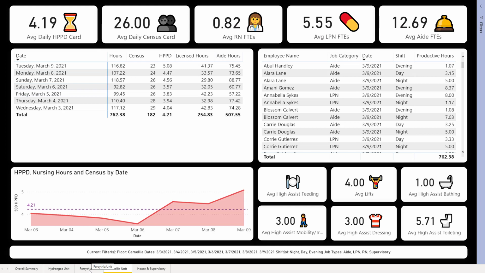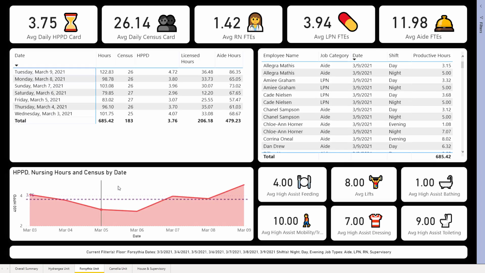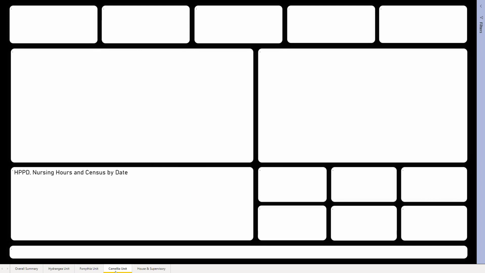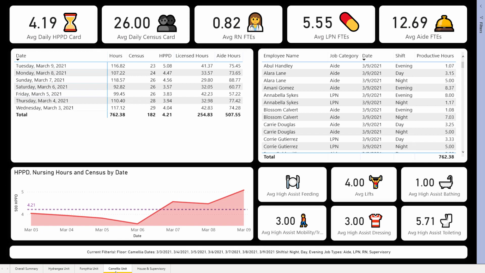So what I would anticipate is that these folks on this Forsythia unit are probably saying we're overwhelmed, we feel understaffed, we don't have enough time in the day to complete our tasks. Whereas the other unit is probably saying, I don't know what your problem is, we're doing just fine.